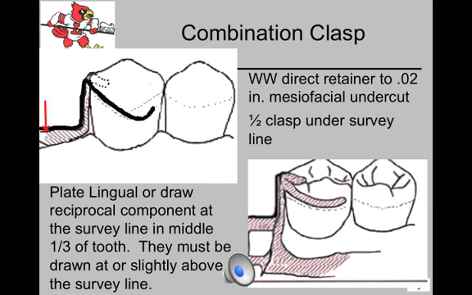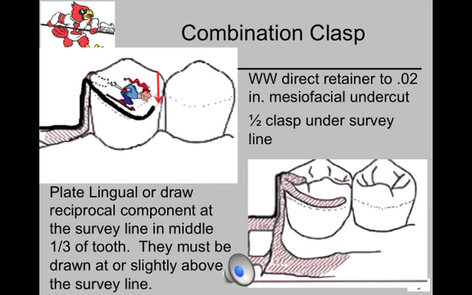That wire comes forward and basically on the lingual aspect of the guide plate, it turns up to the occlusal surface, and then it originates from the occlusal, coming down above the survey line, but about halfway it will go under the survey line into a .02 undercut and come back up the side of the tooth in sort of a J-shaped, or in this case a backward J, or reminding you of a ski jump area on a slope.